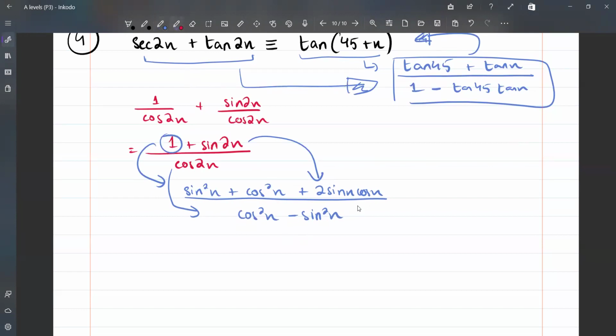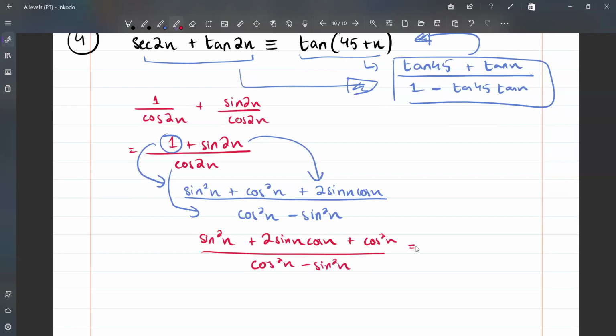Notice that the numerator can be written as sine square x plus 2 sine x cos x plus cos square x upon cos square x minus sine square x. All right.